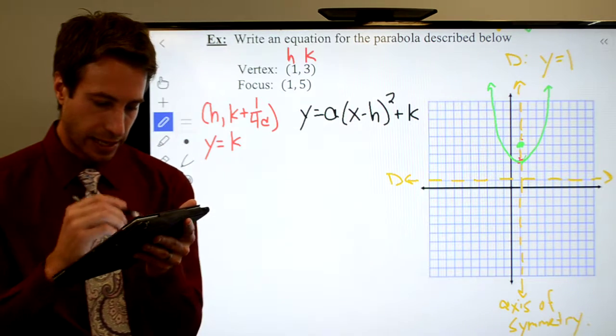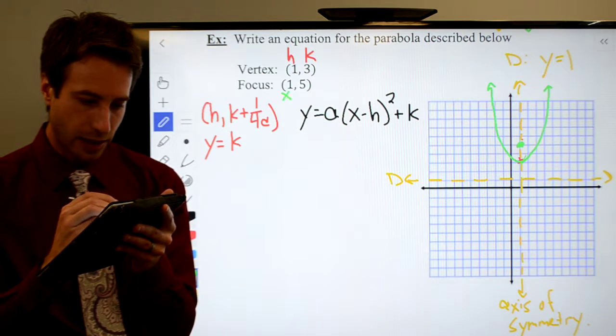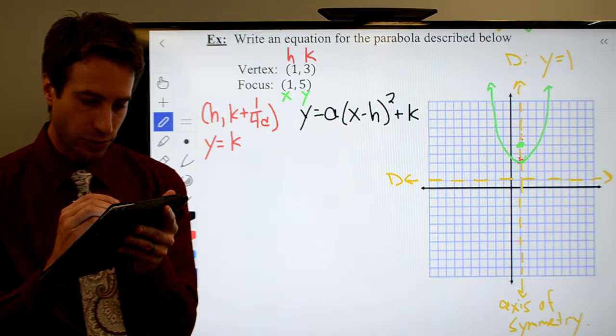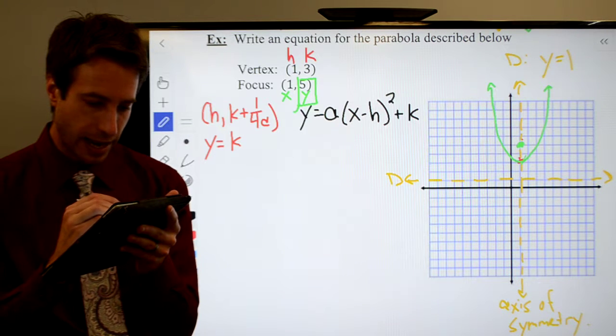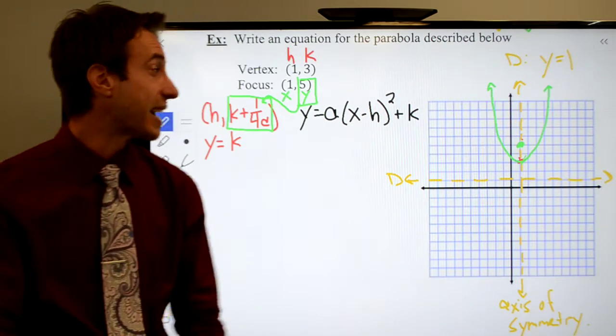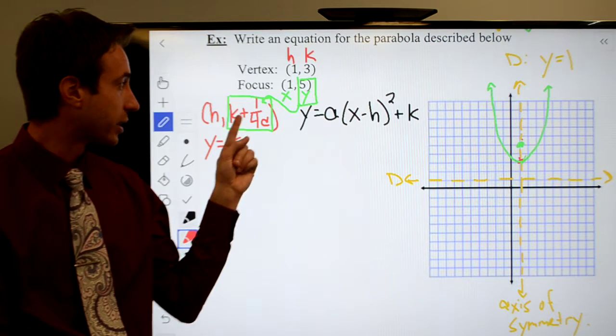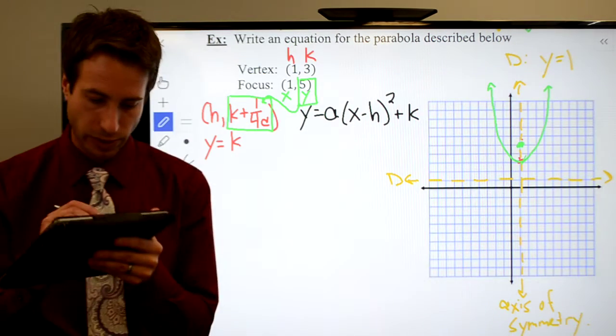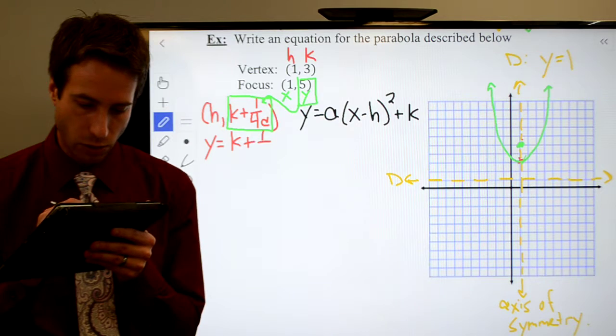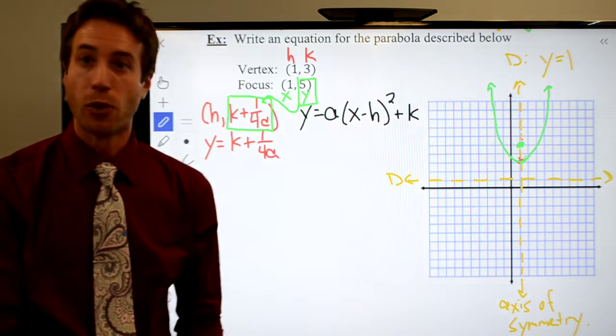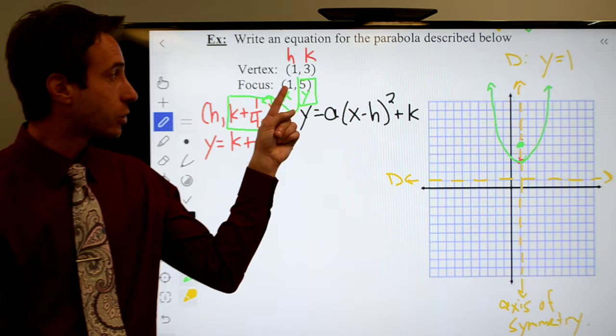This is the x value, that's the y value. So this has to be equal to this. What that tells me then is that the y value has to be equal to k plus 1 over 4a.